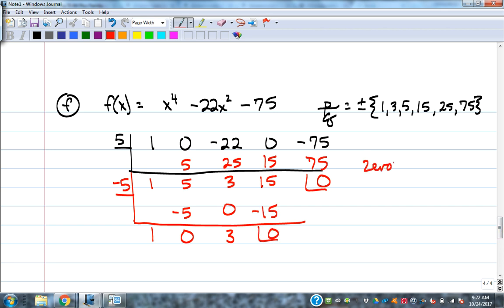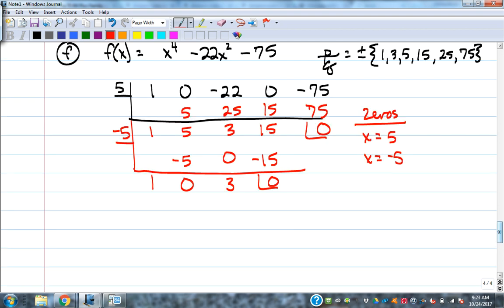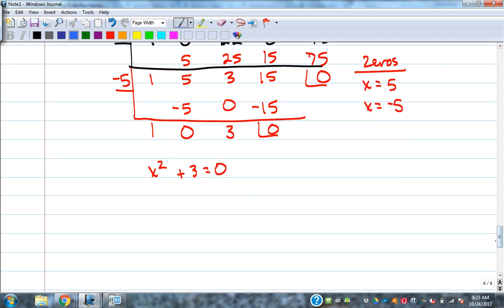So we get zeros at x equals 5, x equals -5, and then we've got this quadratic left over, x squared plus 3 equals 0. How do I solve that? I could do the quadratic formula. B is 0 in this case.